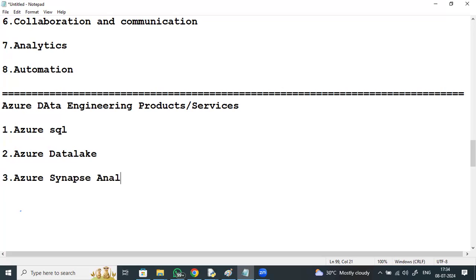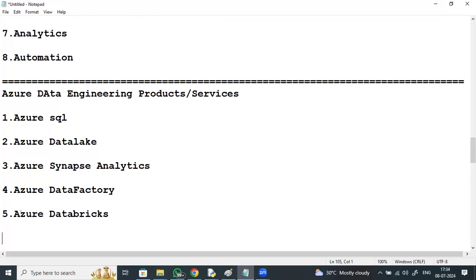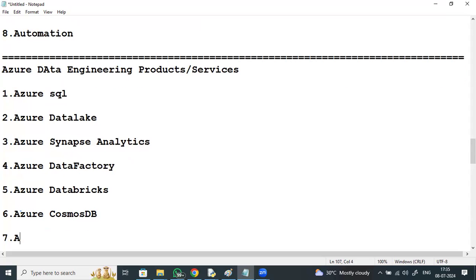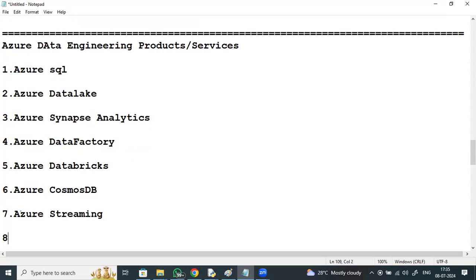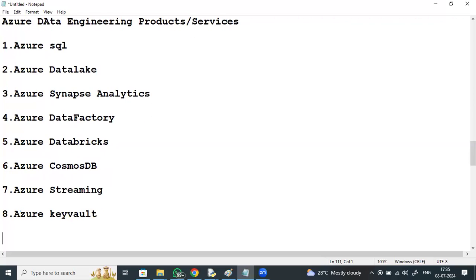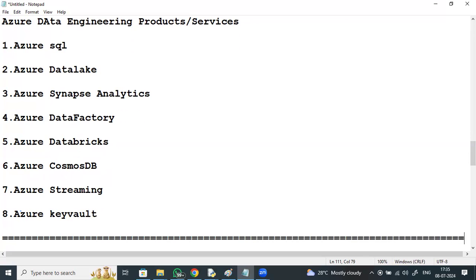Azure SQL, Azure Data Lake, Azure Synapse Analytics, Azure Data Factory, Azure Databricks, Azure Cosmos DB, Azure Streaming, and Azure Key Vault.